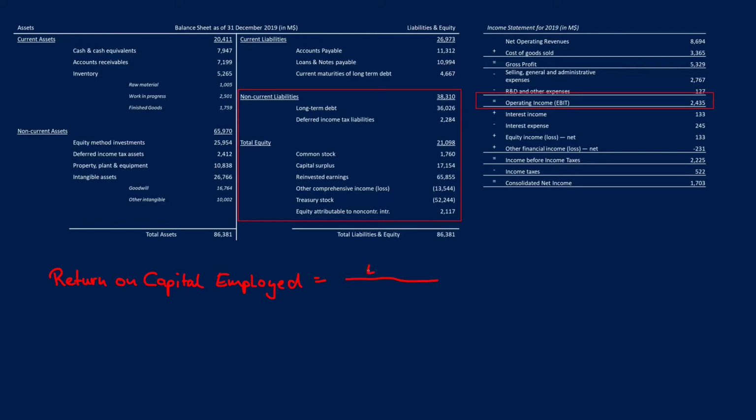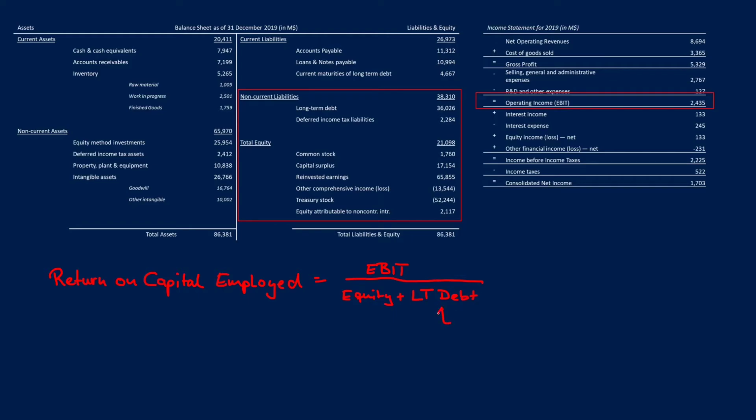EBIT, and now divided by equity plus long-term debt. Well, we can discuss a little if long-term debt is really the right measure here.